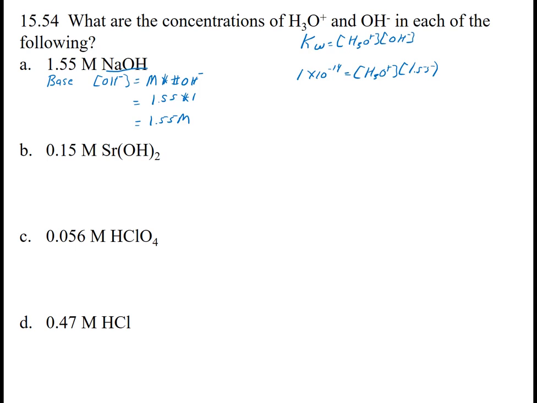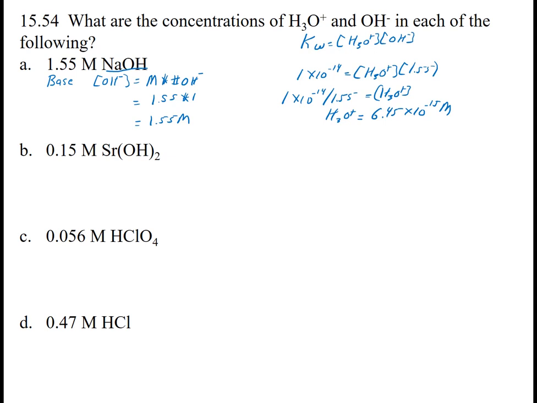So I divide both sides by 1.55, so I have 1 times 10 to the minus 14th divided by 1.55 is equal to the H3O plus concentration. When I divide those, I get H3O plus is equal to 6.45 times 10 to the minus 15th molar.